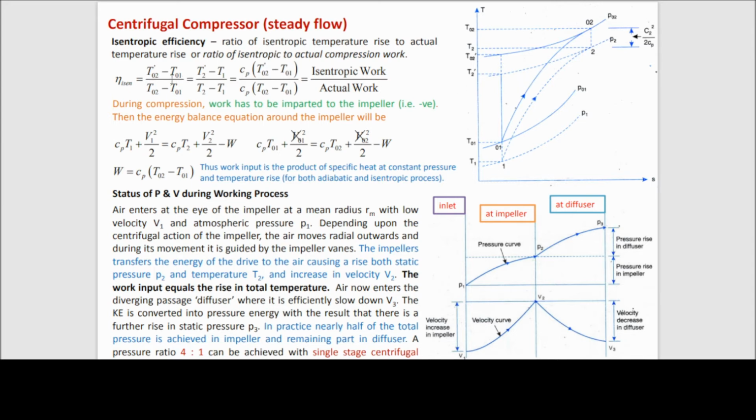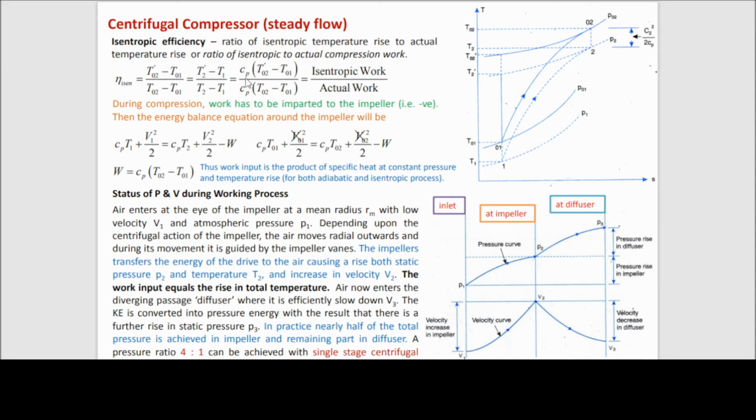So you see here, this is T, what is the work here? This is T02 dash minus T01. So this is isentropic work, and this is actual work, T02 minus T01. Got it? Or you say, if you are not concerned with the stagnation properties, this is T2 dash minus T1, and this is T2 minus T1.